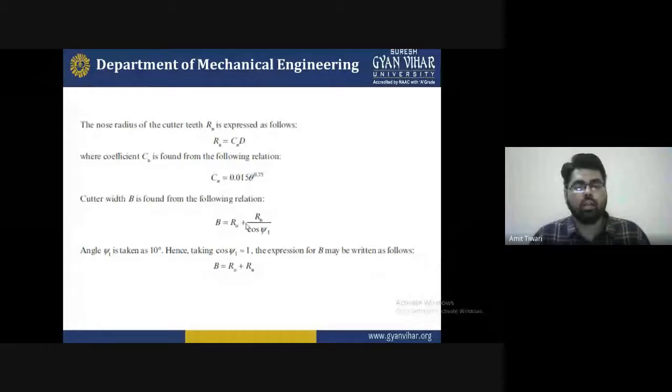And for the cutter width, B is equal to R0 plus Rn divided by cos psi. These are certain angles which we are using and they give the criteria. These all are the criteria which we adopted, so taking psi as expressed is easy, otherwise it will depend on a value, which is not the easy part. It is very easy to understand, and you will not find difficulty.